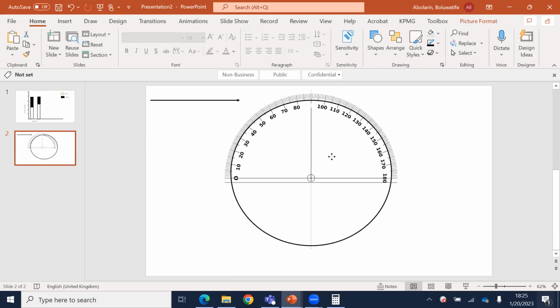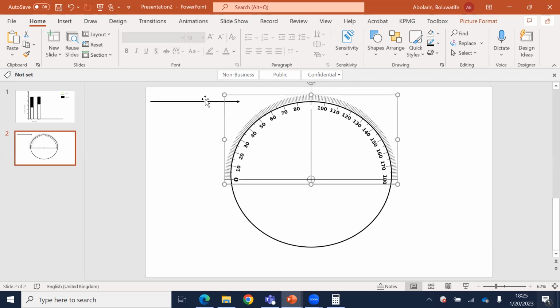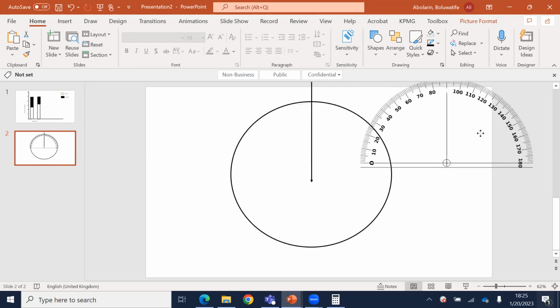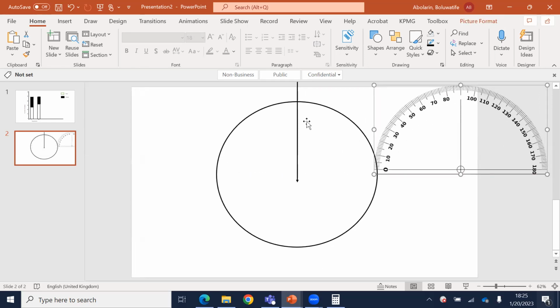I want to know where to place my middle. Okay, let me place it here. So first, you are going to create a middle. This is the middle we are using. Let me shift it. You can see where my arrow is. Yes. This is the middle.